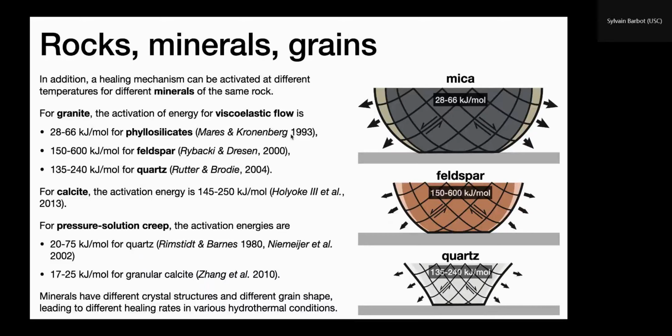And second, because it involves different minerals. And so you can imagine the micas deforming first, then the quartz, then the feldspar at different temperatures with the same mechanisms. So that motivates the use of different activation energies to explain how these contact junctions flatten over time.